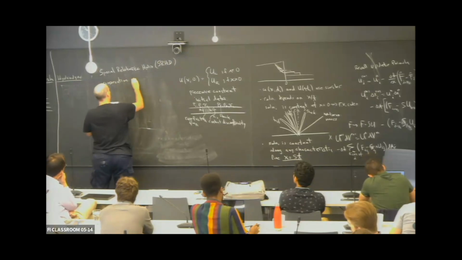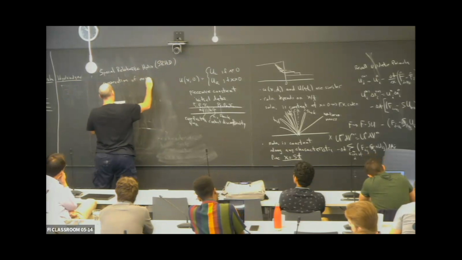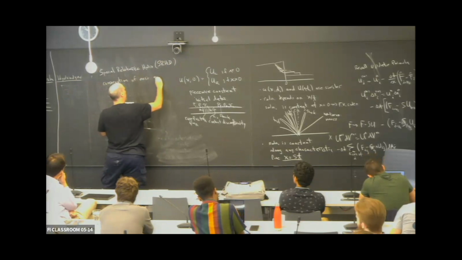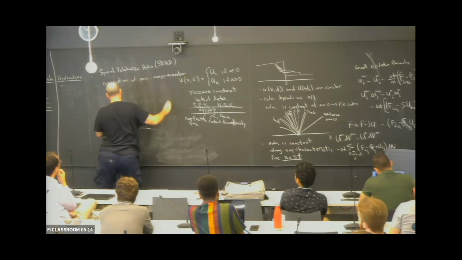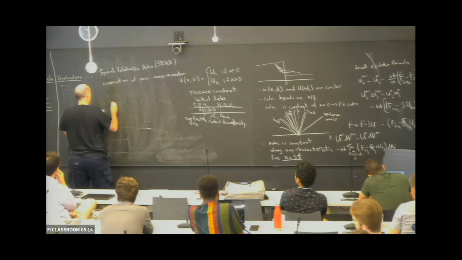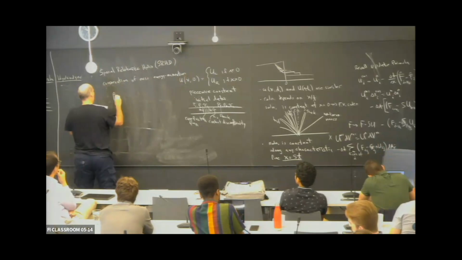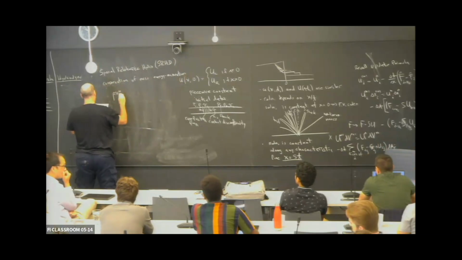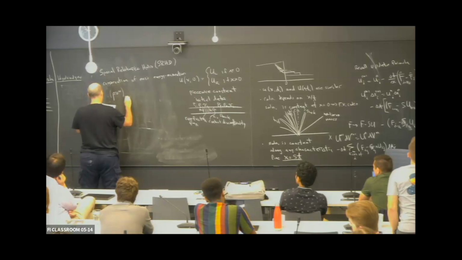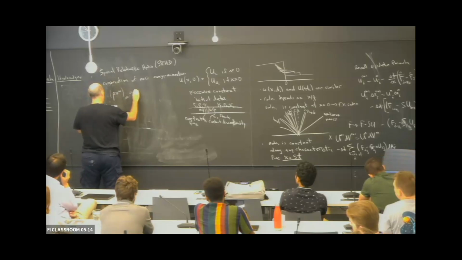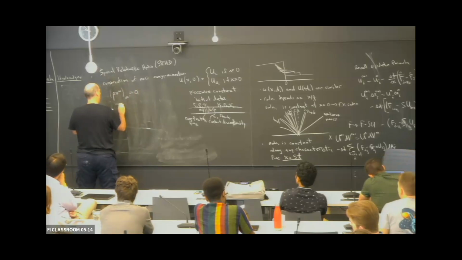It's just conservation of mass and now energy momentum from the energy momentum tensor. And so you get these divergences. This expresses conservation of rest mass. And this expresses conservation of energy momentum.